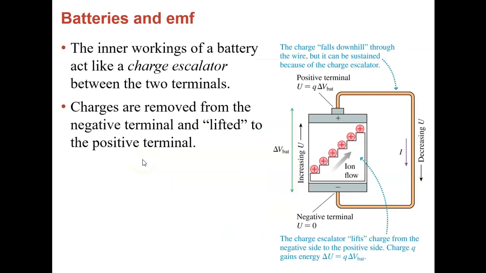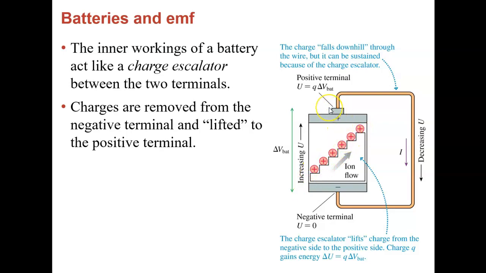So the inner workings of a battery, you can think of it like a charge escalator between the two terminals. The charges are removed from the negative terminal and lifted to the positive terminal. So we have these charges that lift up, and then the charge moves through it. So the potential difference of the battery is across it like this. The positive charges build up as you go from the negative side to the positive side.